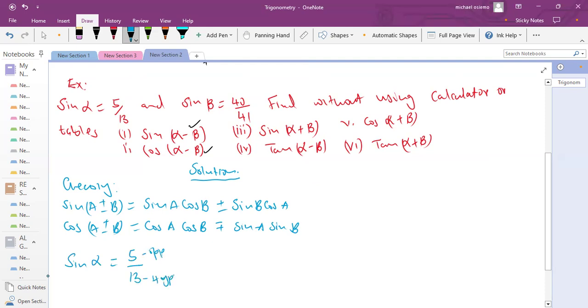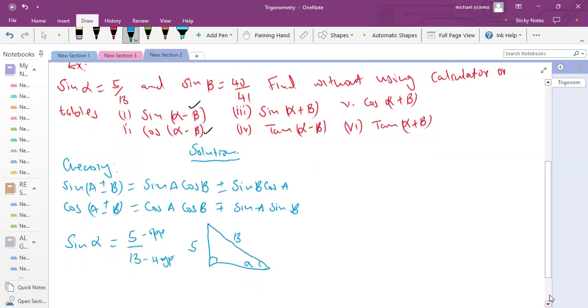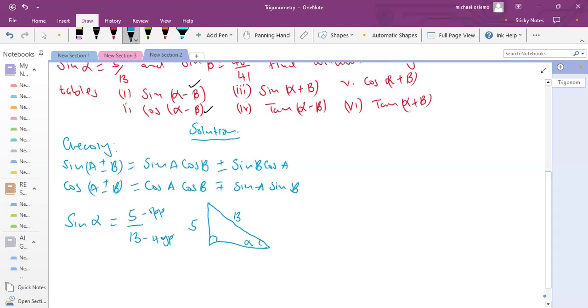This implies that if you have a right angle triangle with 90 degrees, and this angle is alpha, then our opposite will be 5, our hypotenuse will be 13, and our adjacent we shall obtain from Pythagoras theorem. If I call this one x, then x squared is equal to 13 squared minus 5 squared.